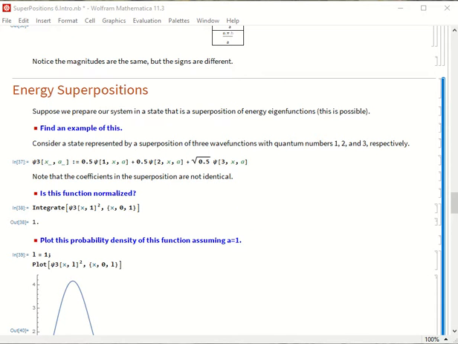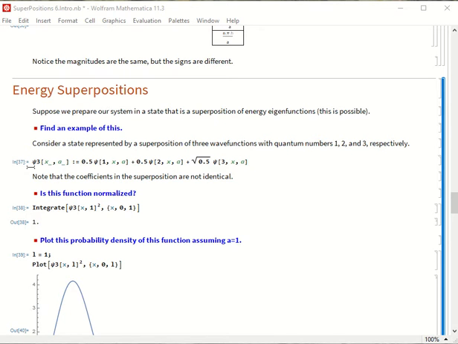Now let's look at an interesting case where we have a wave function that is a superposition of energy eigenfunctions, which in fact are the particle in a box wave functions. So here's an example where we've got these particle in a box wave functions, psi 1, psi 2, psi 3, corresponding to n equals 1, n equals 2, n equals 3.